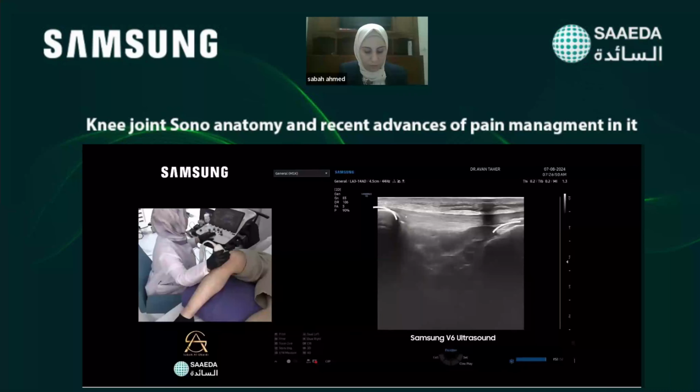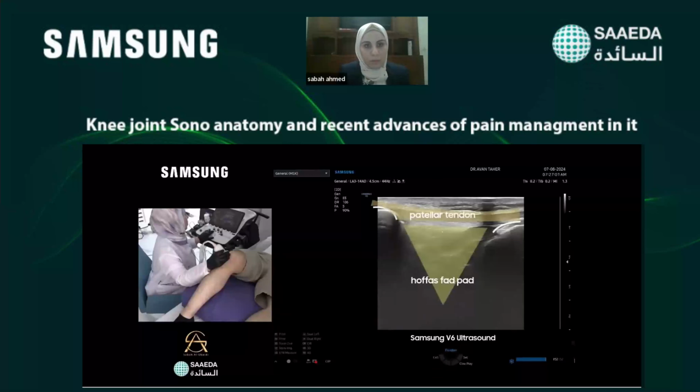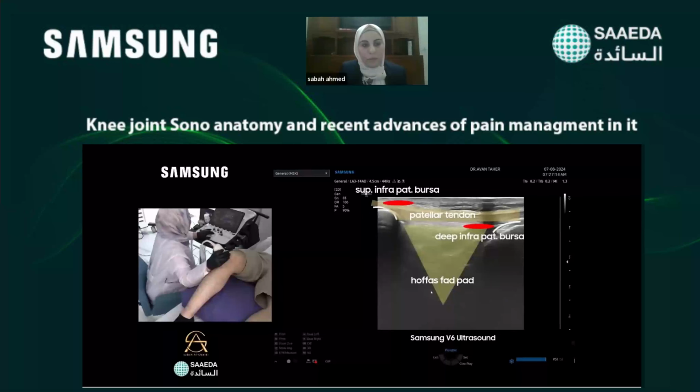Between them, there is the patellar tendon. Just below it, this is the fat pad, which is called Hoffa's fat pad. You see, this fat pad is different from the suprapatellar fat pad. It is heterogeneous in the superficial part, while the deep part is homogeneous.